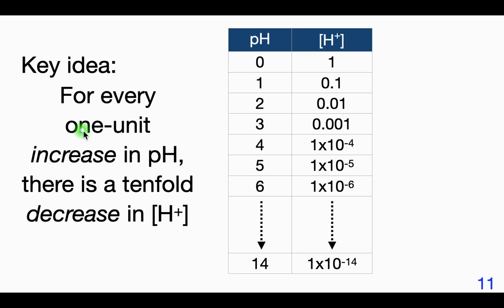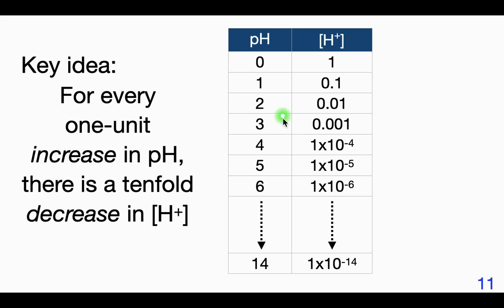For every 1 unit increase in pH, there is a 10-fold decrease in the hydrogen ion concentration. You might not be familiar with that term tenfold. It means by a factor of 10. So if you were asked what is the comparison of the hydrogen ion concentration from a solution that's a pH 1 to a pH 2, well, the pH 2 is 10 times less concentrated in hydrogen ion.